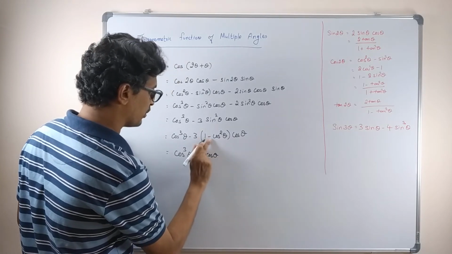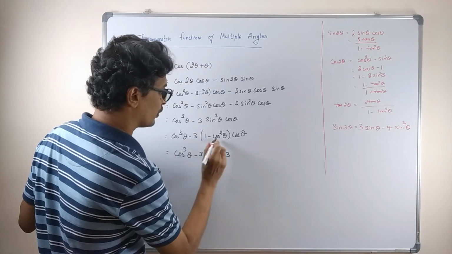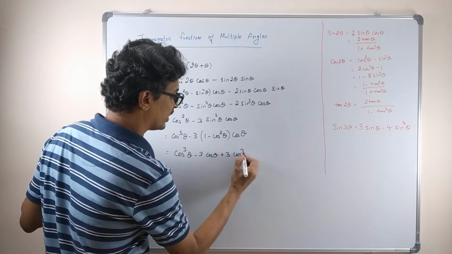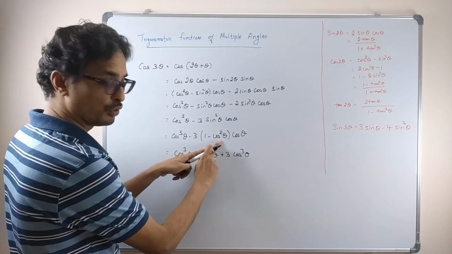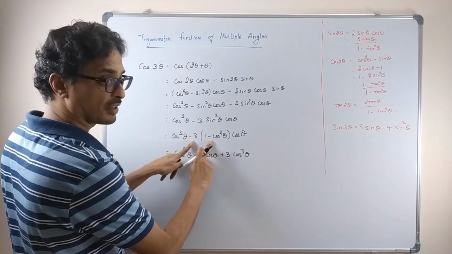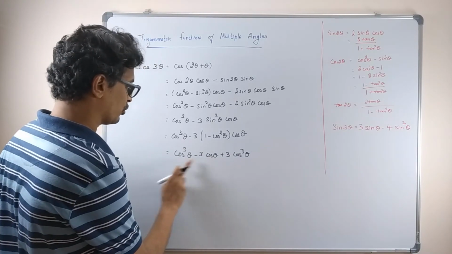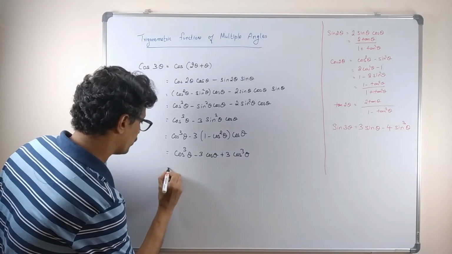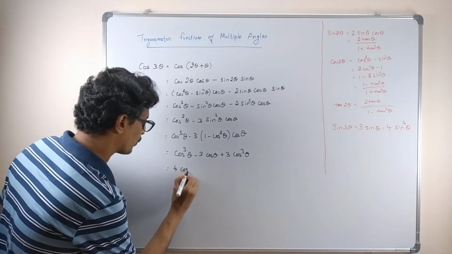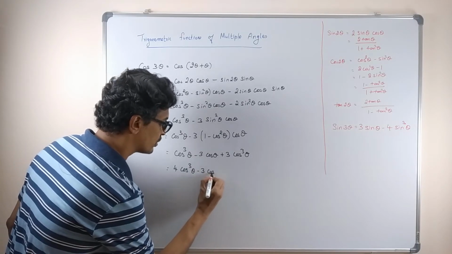And this minus minus is going to become plus, plus 3 cos cube theta. Is that correct? Yes, because this is cos square, cos cube, minus and minus 3 becomes plus 3 cos cube theta. So cos cube theta plus 3 cos cube theta, so this is 4 cos cube theta minus 3 cos theta.